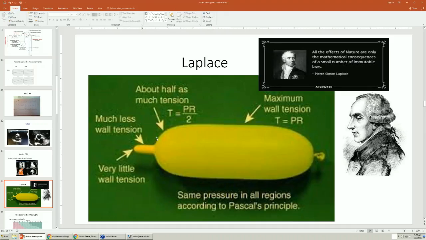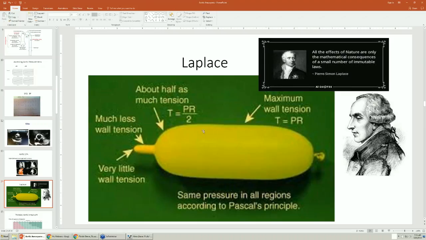And you can see small radius. This is a sphere, and this is cylindrical. We're interested in the maximal wall tension, where the formula is tension equals pressure times radius. That's not resistance, excuse me, that's radius. So if you hold the pressure constant, as the radius increases, the wall tension is going to go up.